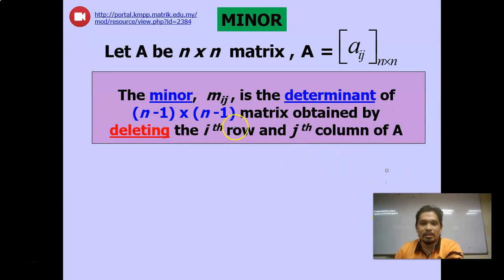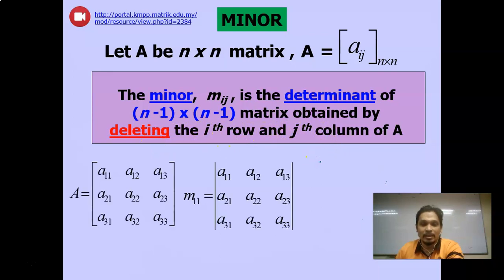The minor Mij is the determinant of the matrix obtained by deleting the ith row and jth column of A. So class, this is a matrix A with elements A11, A12, A13 until A33.